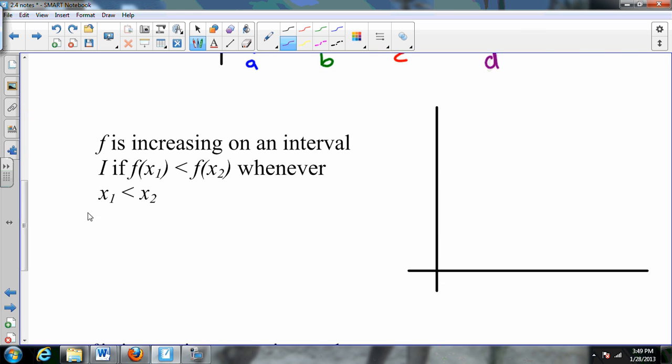So technically, f is increasing on an interval I if f of x1 is less than f of x2 whenever x1 is less than x2. So here's x1.